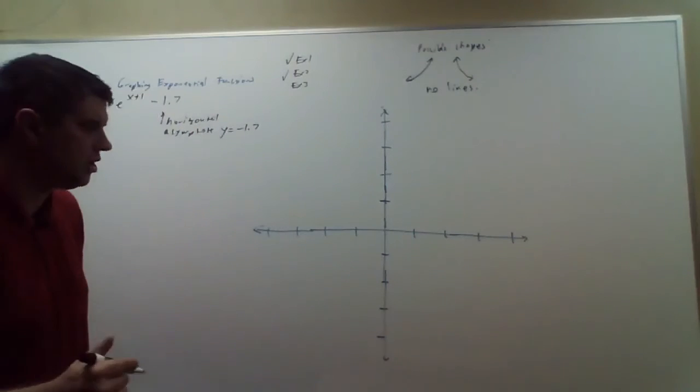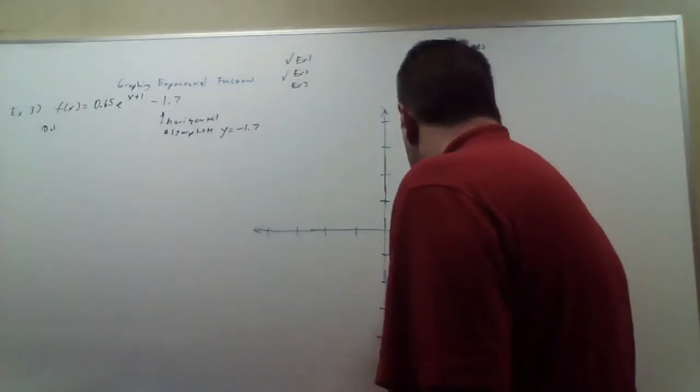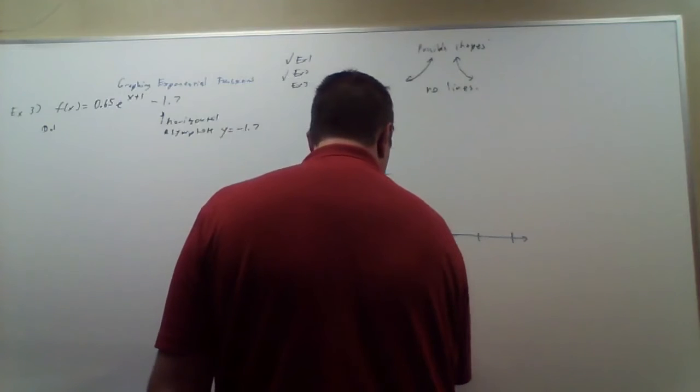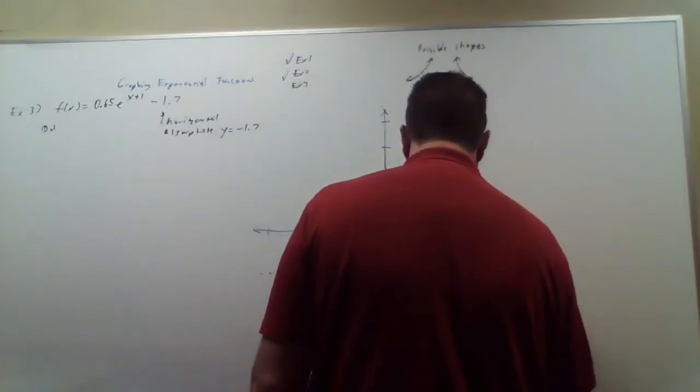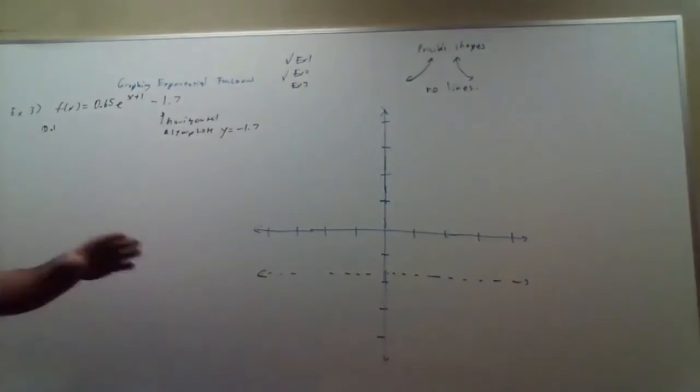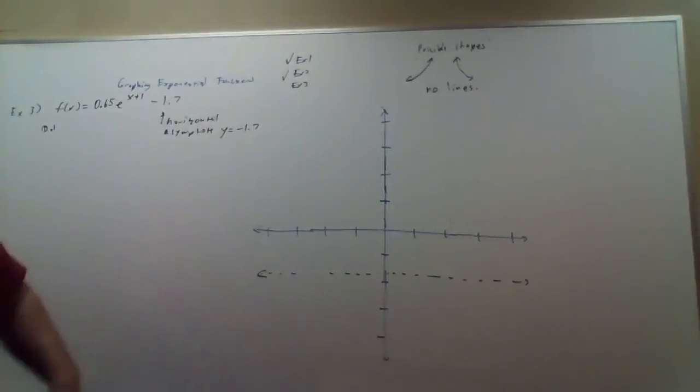See why? So it's going to be negative 1.7 about right here. You can label it or not, it doesn't matter.